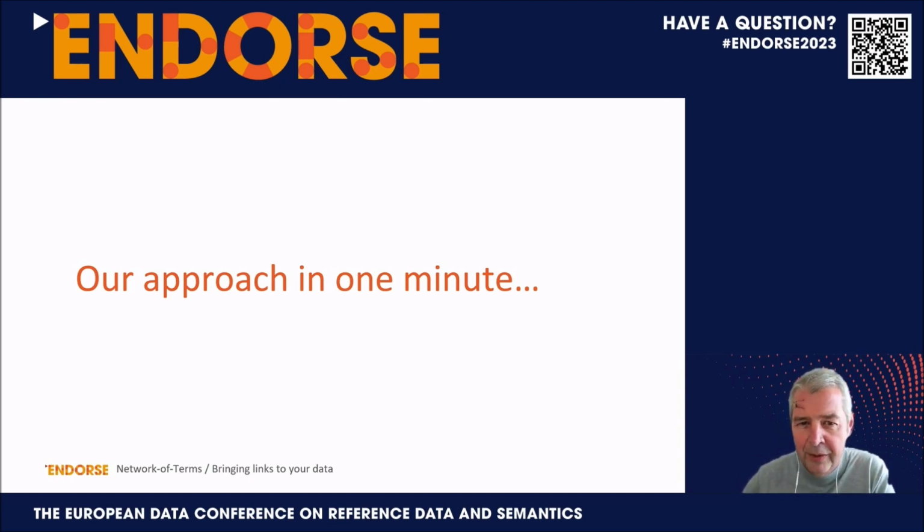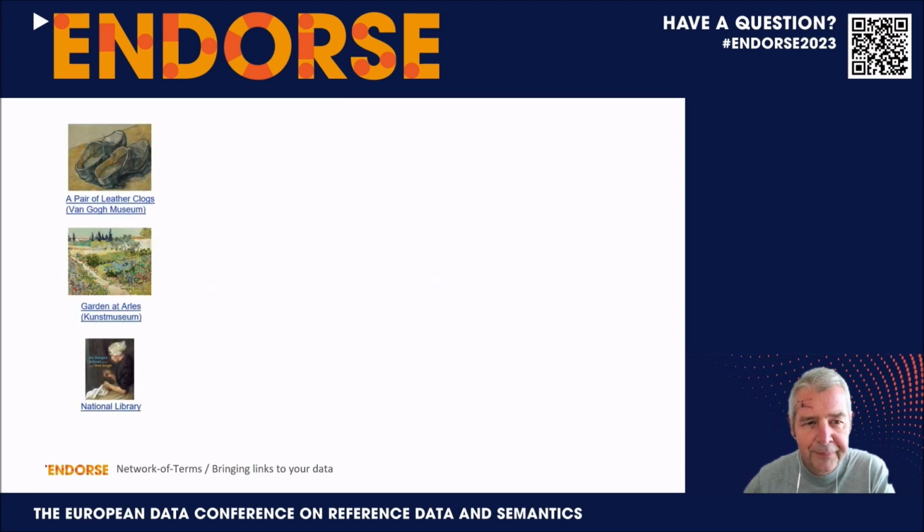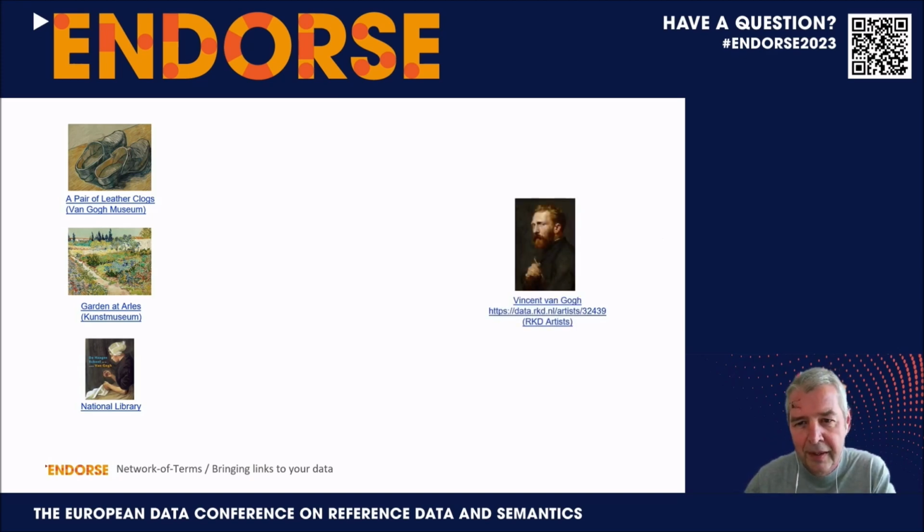of our approach. And as you can imagine, the network of heritage institutions have a lot of collections, and there have been a lot of digitization projects going on. So there's a lot of digital information available, but they're all in different institutions. But they often contain objects about the same topics, the same persons, the same places.